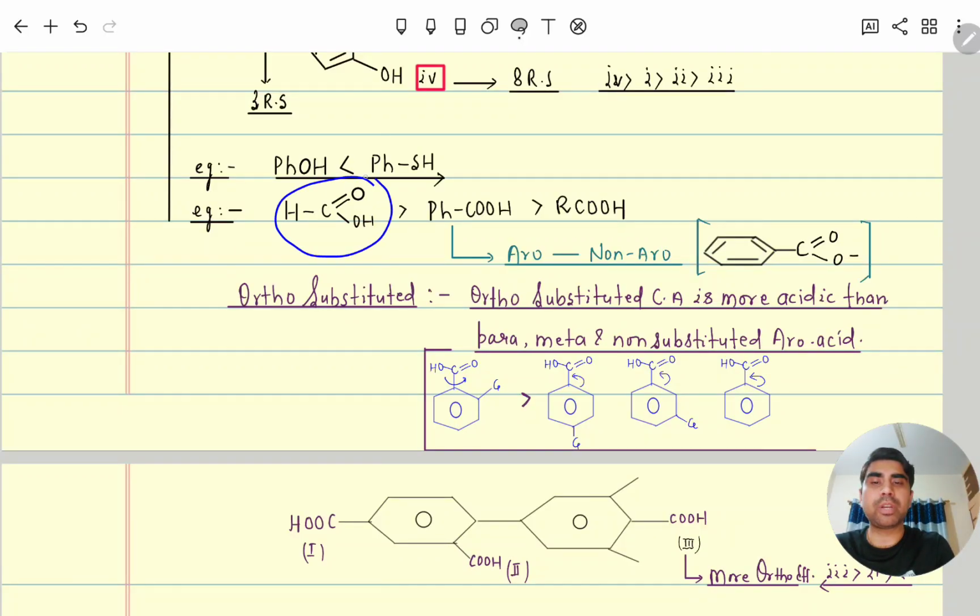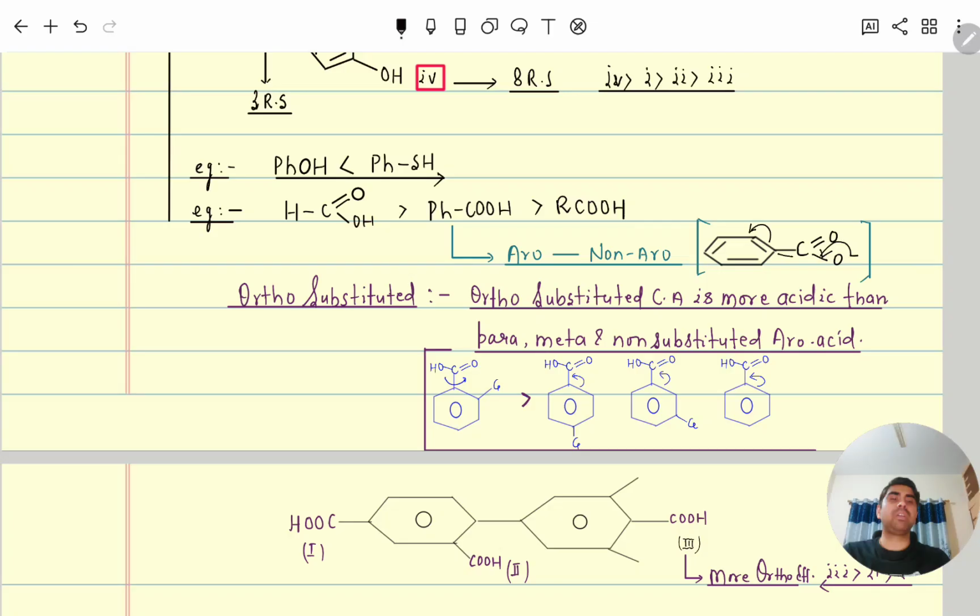Now this one is very important: formic acid and normal carboxylic acid, and this one, benzoic acid. In benzoic acid, generally we will think that this is the conjugate base and it has identical resonating structures. Yes, it is there, but one possibility is that this negative charge, you can see single, double, moves like this, and here a double bond will come, right?